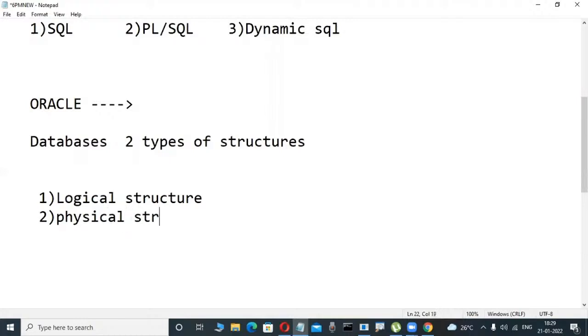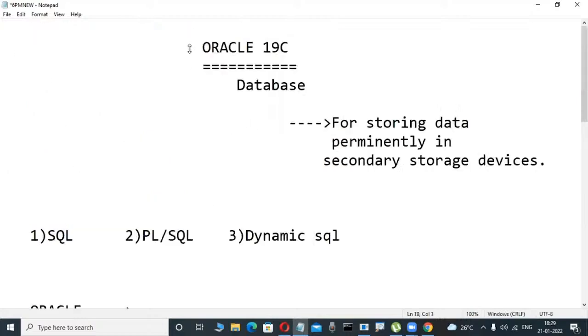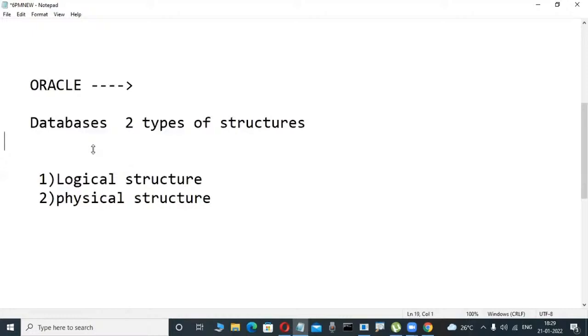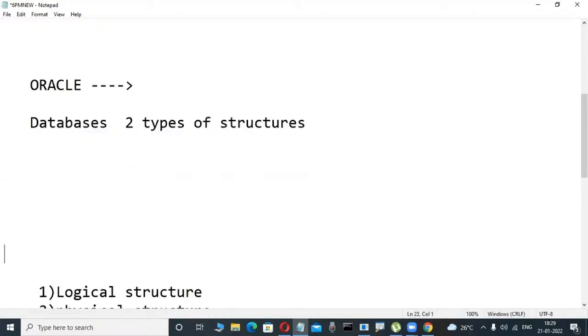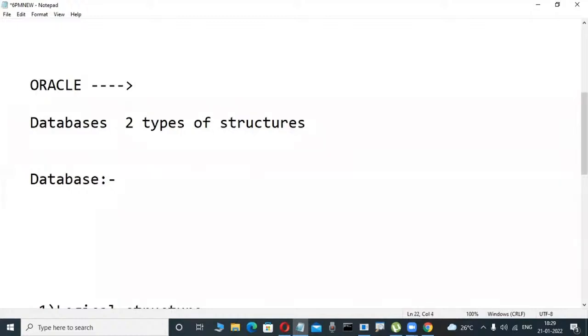Before we tell what the logical and physical structure are in every database software, just the database definition in books, so many fellows write like this. Today at least you will understand. What is a database?